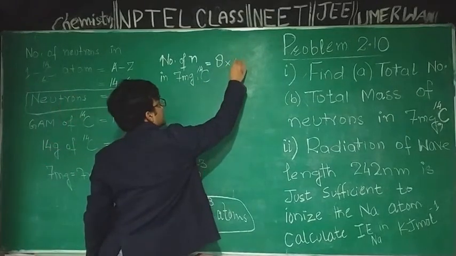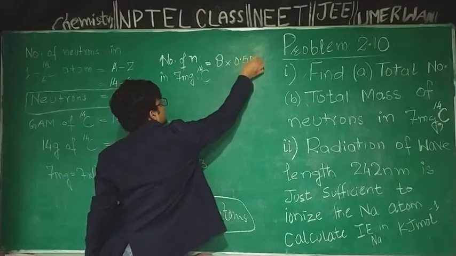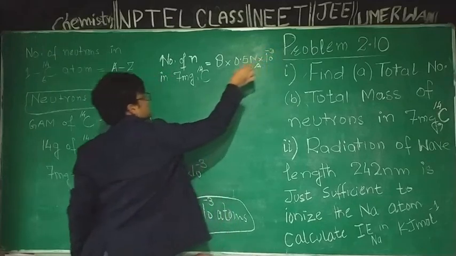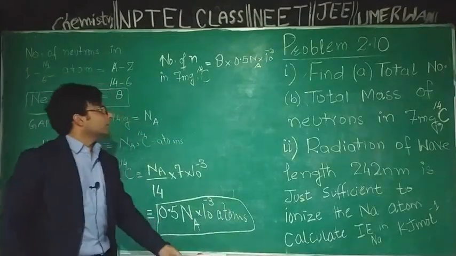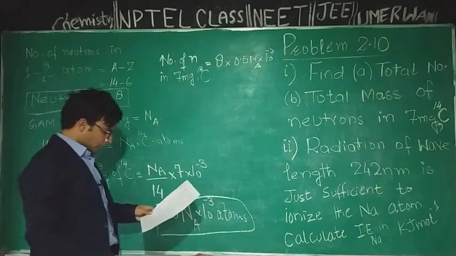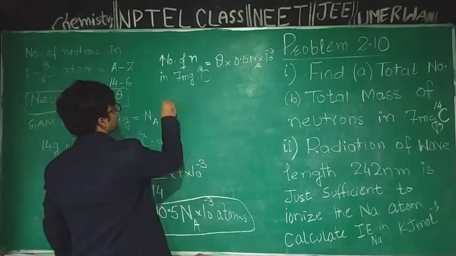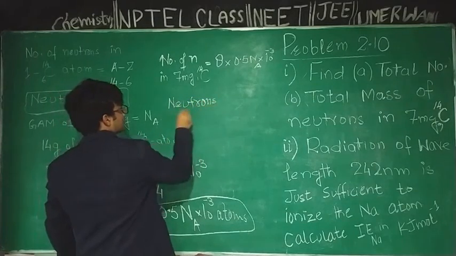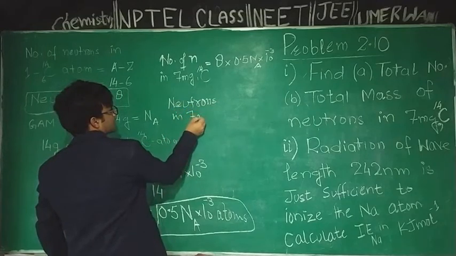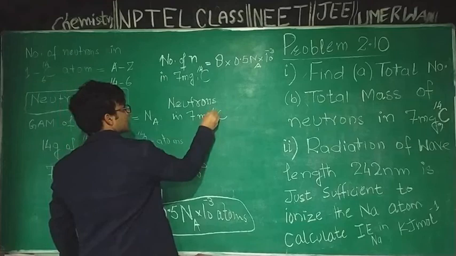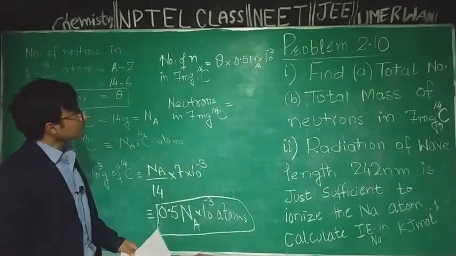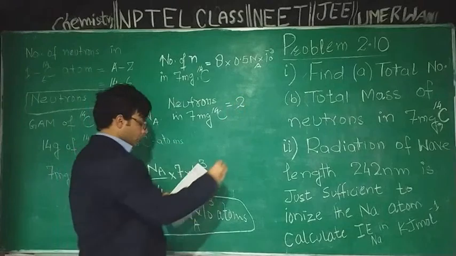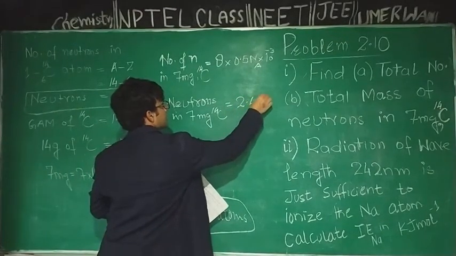That is 0.5 Na into 10 to the power minus 3, and the answer, the number of neutrons in 7 mg of carbon 14, after evaluation comes equal to 2.4 into 10 to the power 21.